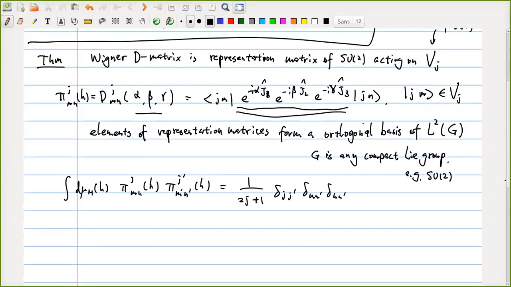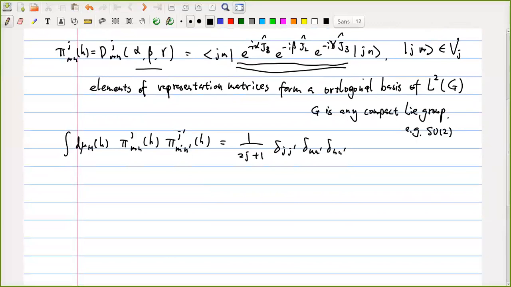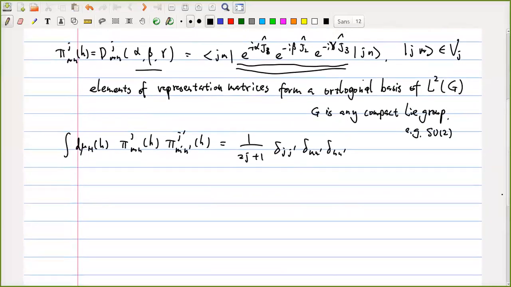Why this Wigner-D matrix is very useful. All right. So then last time we arrived at an orthogonal basis in our Hilbert space H0 for loop quantum gravity defined on the lattice gamma.